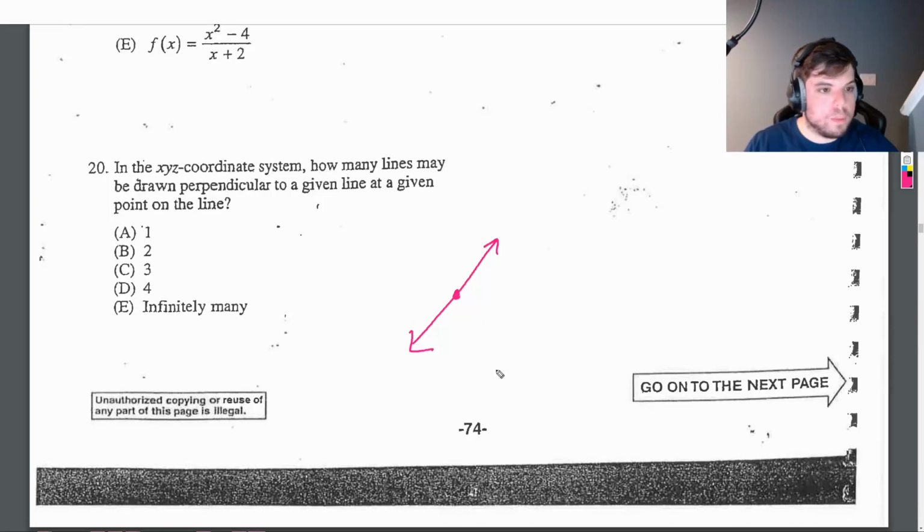How many lines may be drawn perpendicular to the given line? Well, in 2 dimensions, you can only draw 1 line perpendicular. And perpendicular just means that you create a right angle. So there's your first perpendicular line.